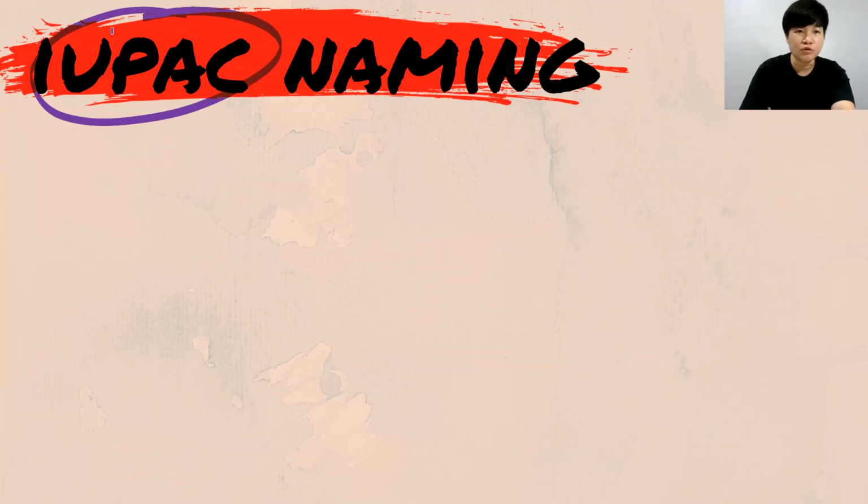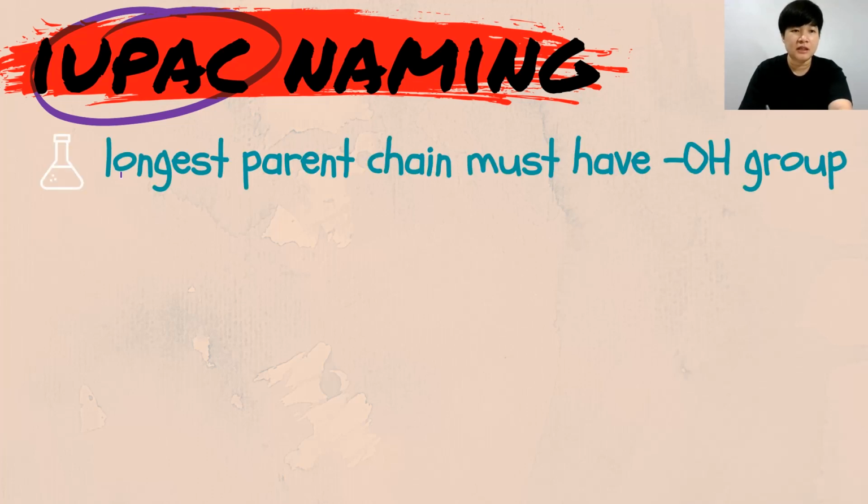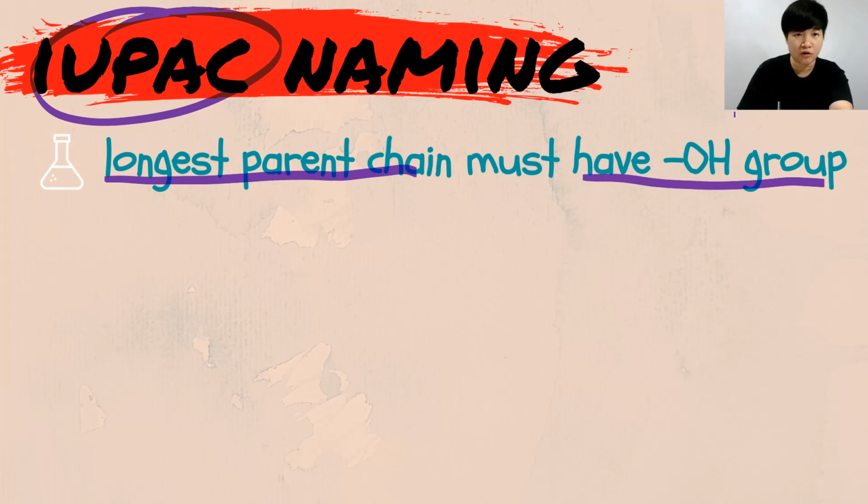There are only 2 golden thumb rules for your IUPAC naming of alcohol. The first golden thumb rule is the longest parent chain must have the OH group in it. So simple, like your alkene, the carbon-carbon double bond must be in the longest parent chain. So same thing over here, your OH group must be in your parent chain.